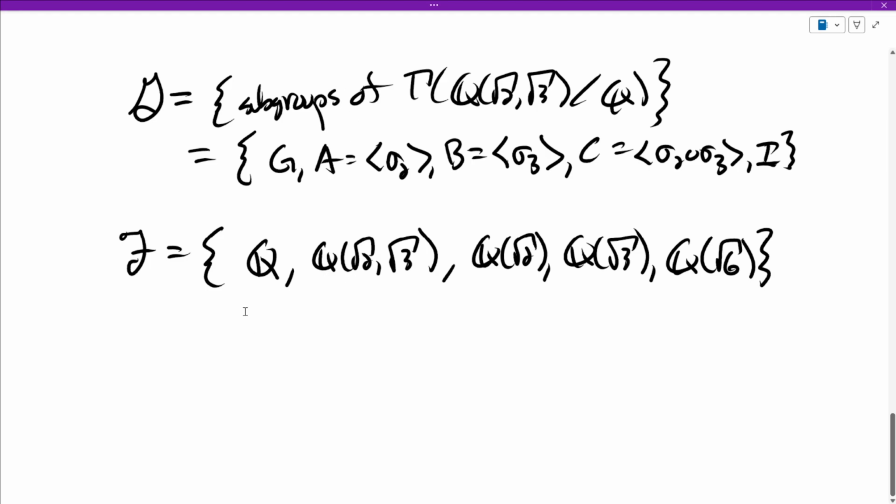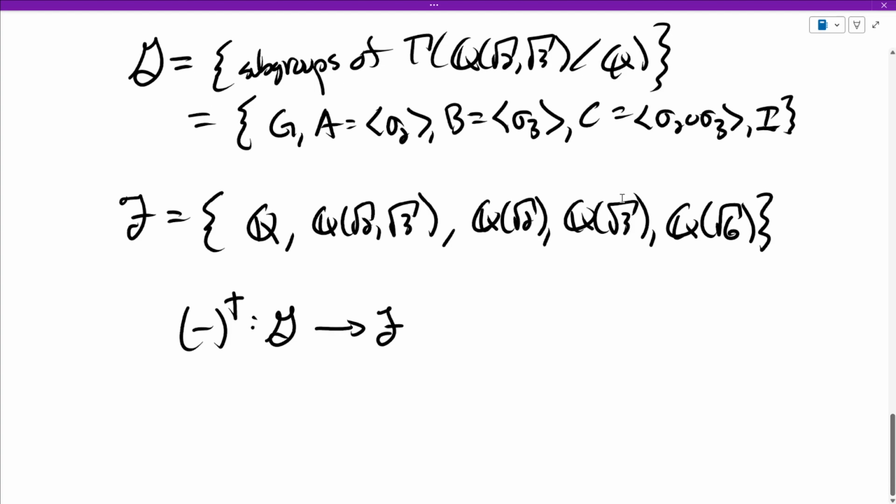So remember, the Galois correspondence was an inclusion reversing bijection between these. So let's work it out. I'm going to say what the dagger operation is. Recall, dagger was an operation from G to F that takes a subgroup and looks at the corresponding fixed field. Okay, so let's do that for each of our groups.